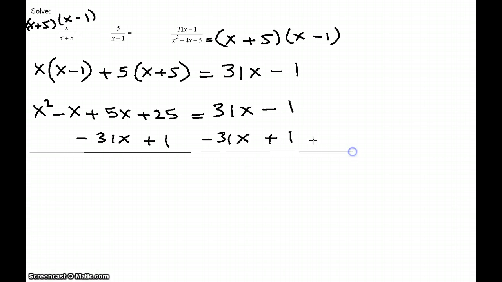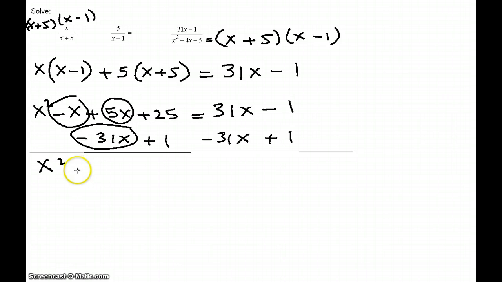That would give me an x squared, the only one with x squared. Here I have a negative x, a 5x, and a negative 31x. So negative 32x plus 5x would be negative 27x. And then plus 56 equal to 0.